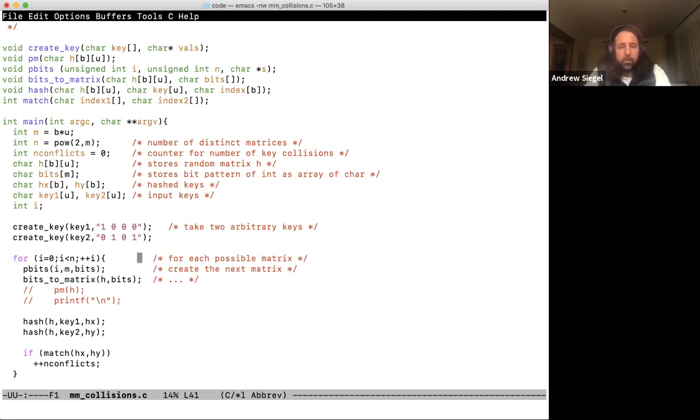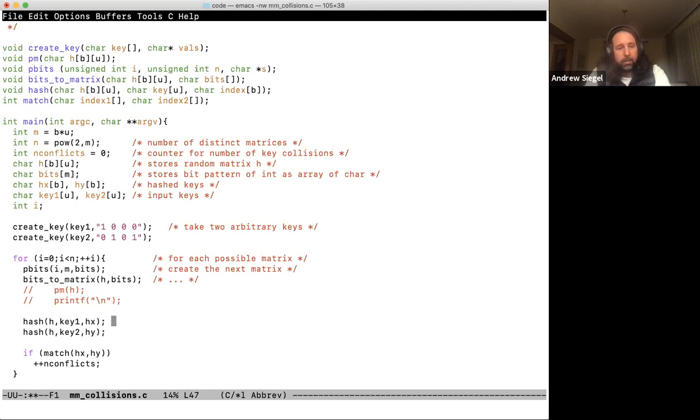Then for each possible matrix, we're going to look at the effect of hashing each key with the matrix. I'm going to create the next matrix, and I just assume I have a function that creates all 2 to the 12th of those. Don't worry about that. These are just debugging things to demonstrate that I've done it right.